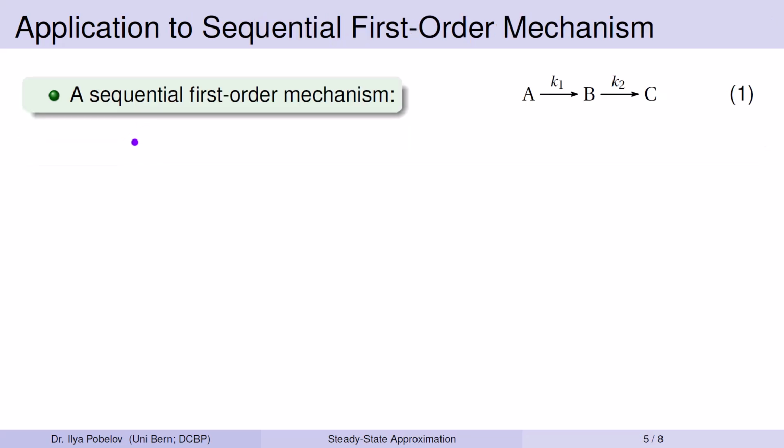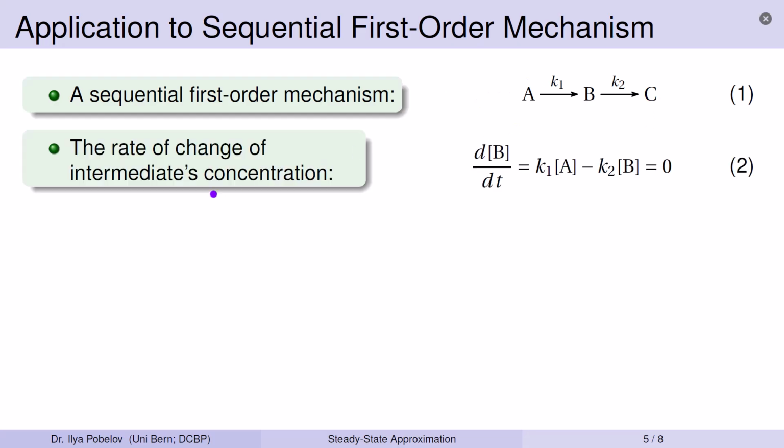Let's consider an example to understand how to apply the steady-state approximation in a sequential first-order mechanism that we had already considered. With this approximation, we set the rate of change of concentration of intermediate B, dB/dt, to 0.